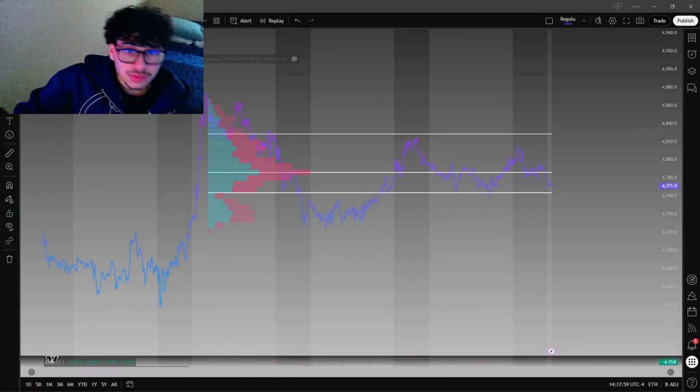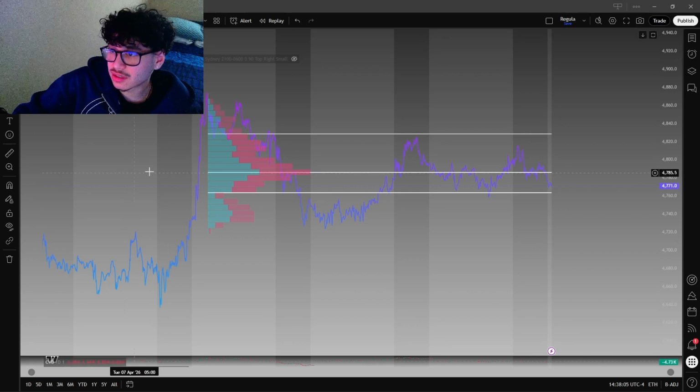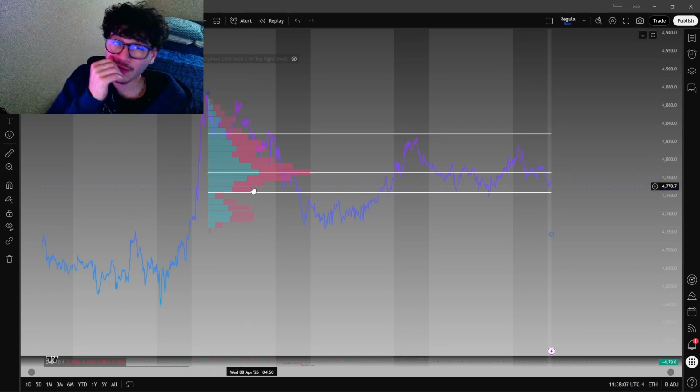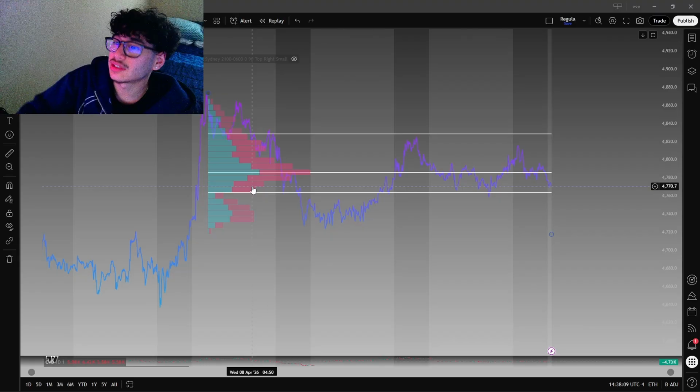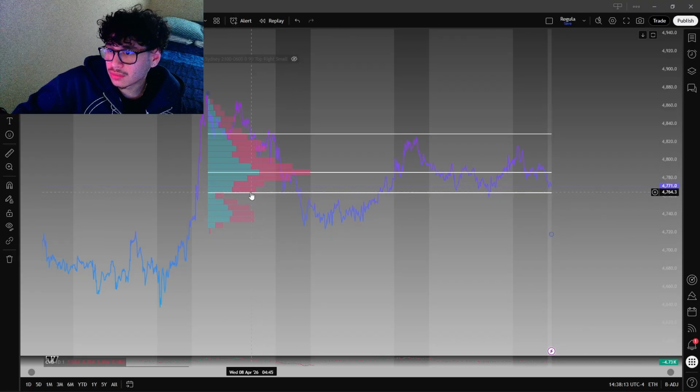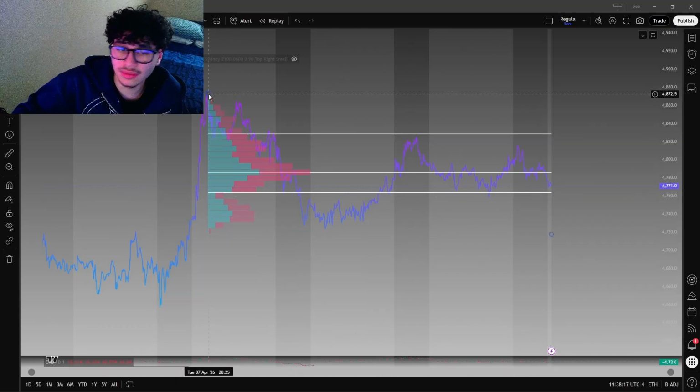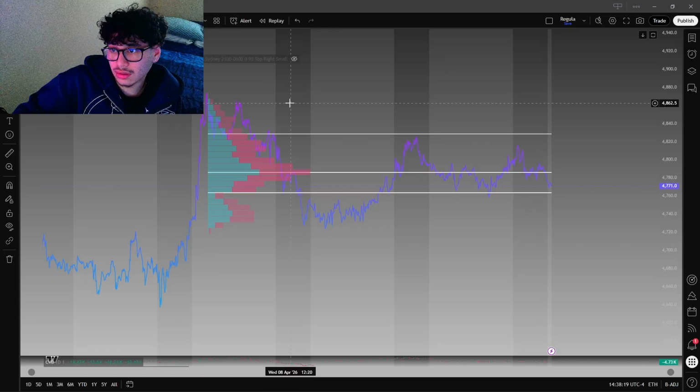High volume nodes versus low volume nodes. These act like strong support and resistance. Price tends to slow down in these areas. Low volume nodes are thin areas. So any time you hear low volume or high volume price action, this top one is the high volume range and this lower one is the low volume range, and then POC.